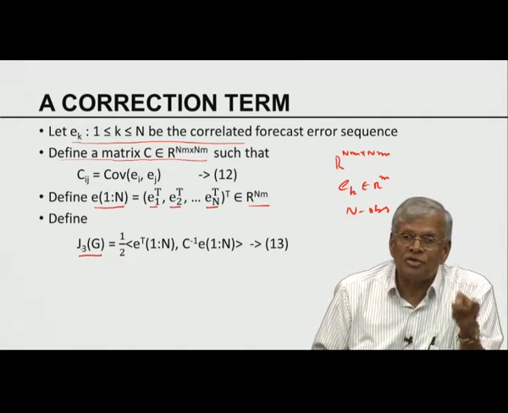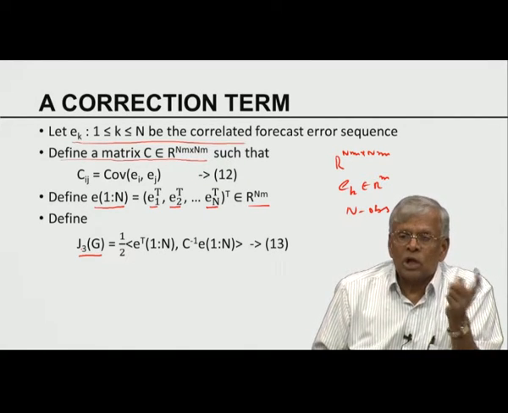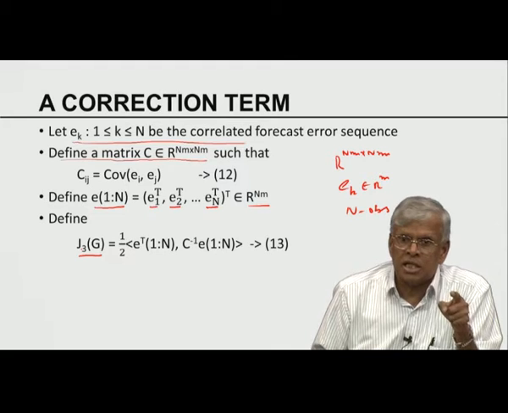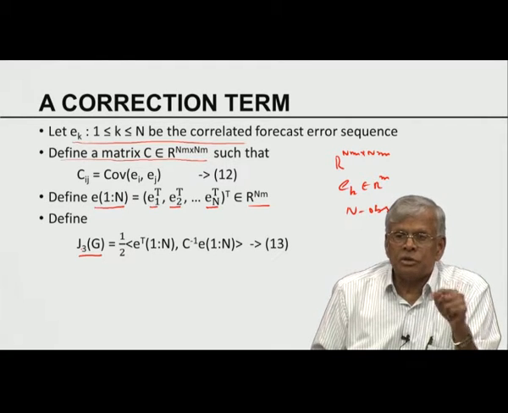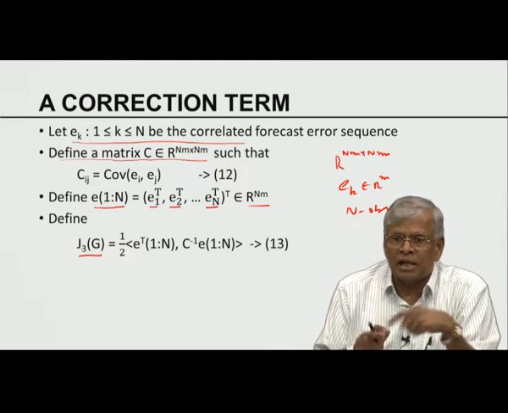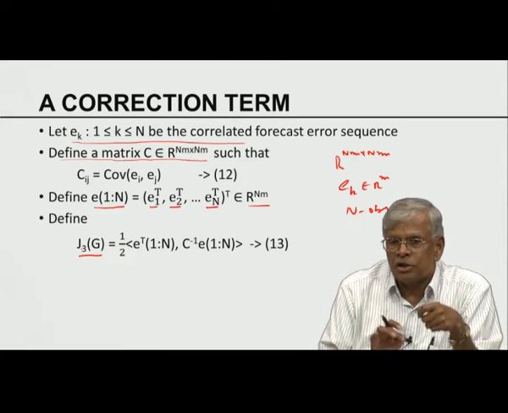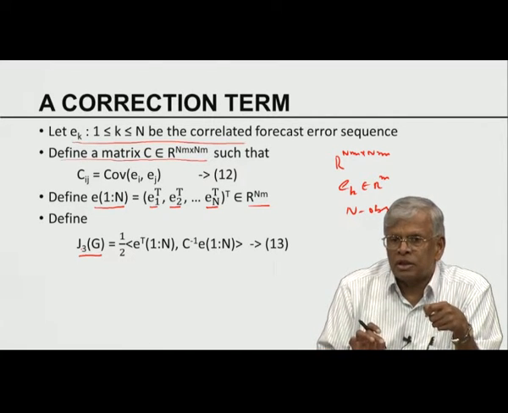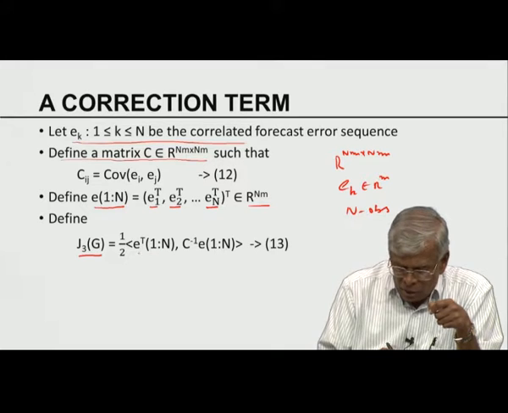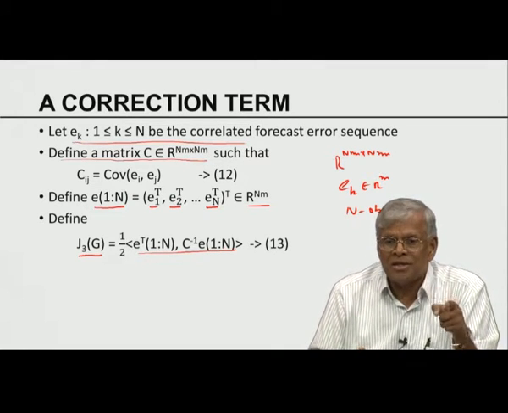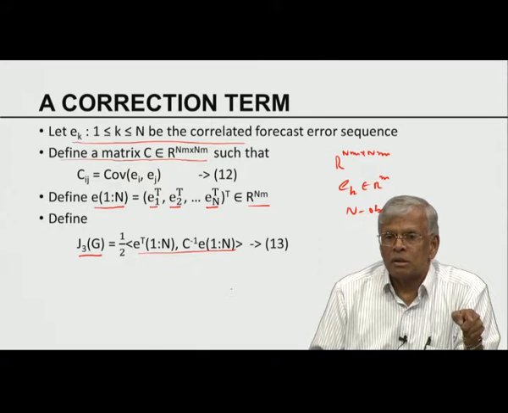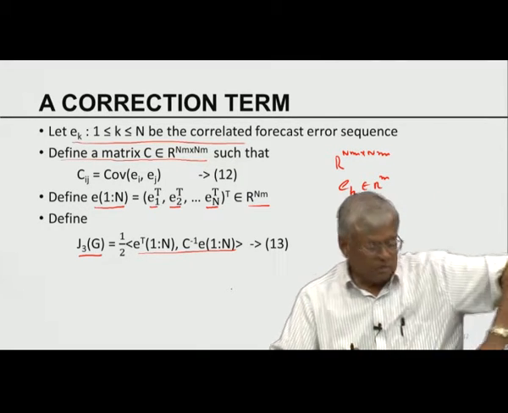So J3G is an alternative to J2G that we saw earlier. J2G neglects the serial correlation. Now this is a new objective function that involves the weighted sum of squared errors. The weighting is related to the serial correlation matrix.